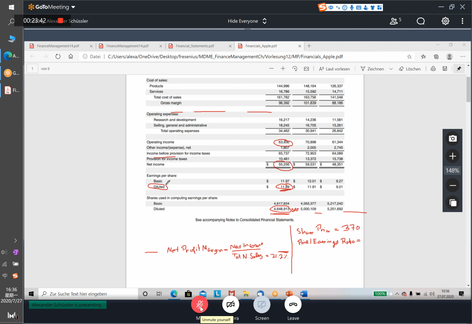We take the diluted and not the basic. The earnings per share is 11.89 in 2019. This is what Apple has earned in the last year, 11.89 US dollars.